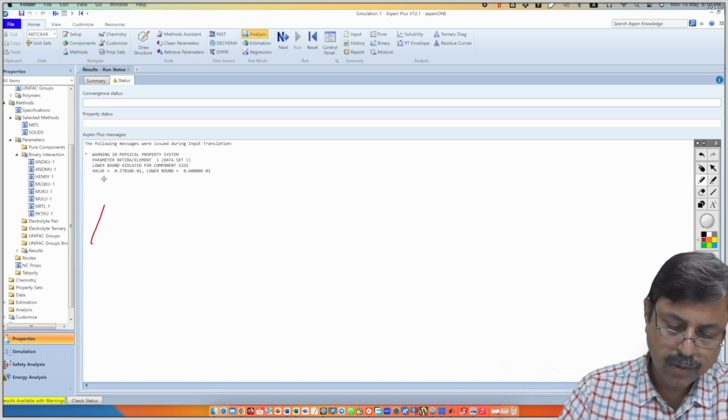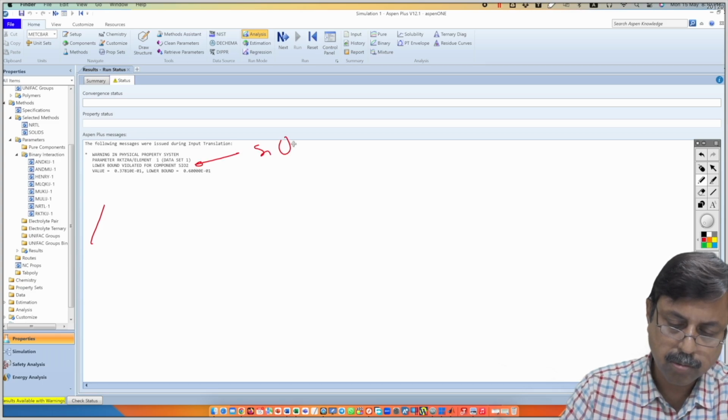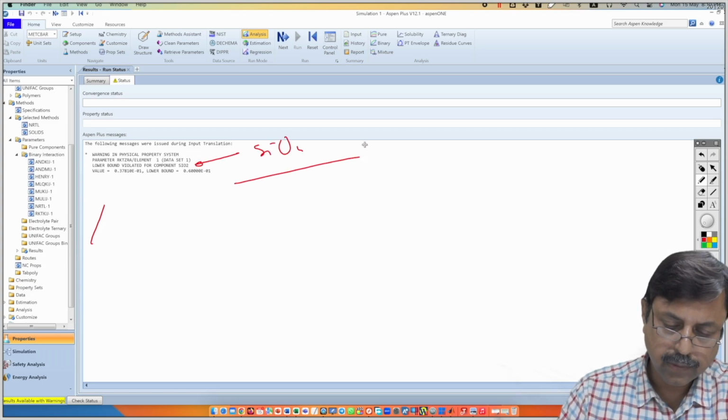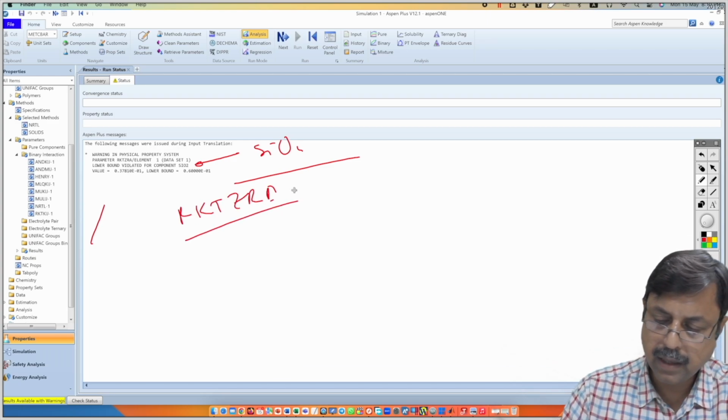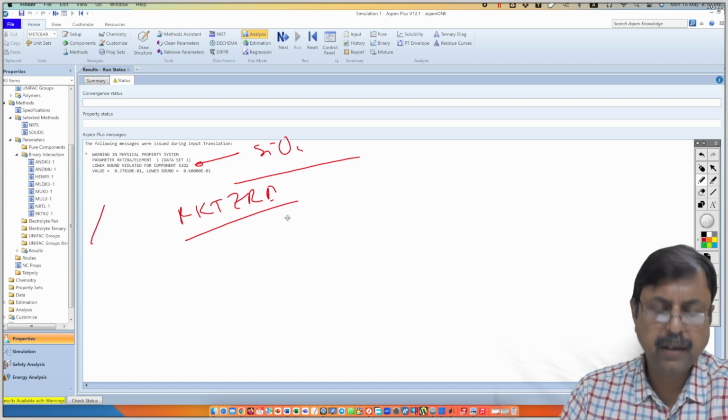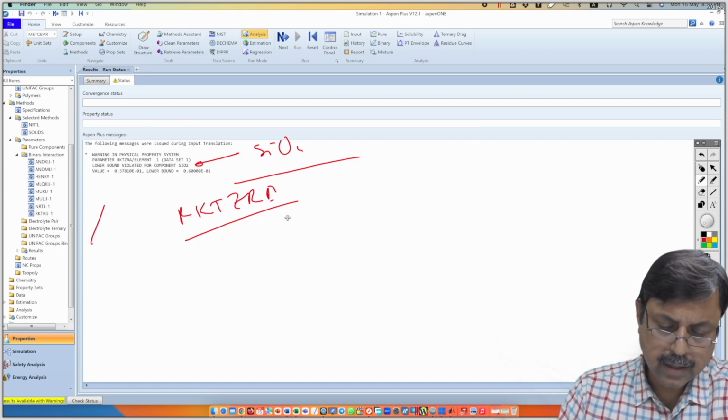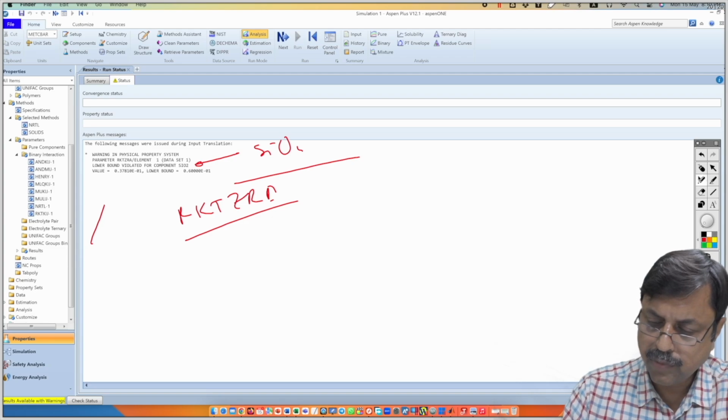So lower bound violated for component SiO2. So some RKTZRA that is being violated. Now let us check what is this RKTZRA before we go forward.